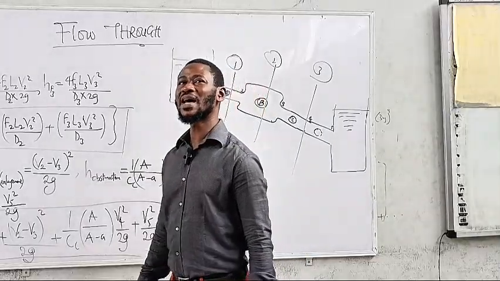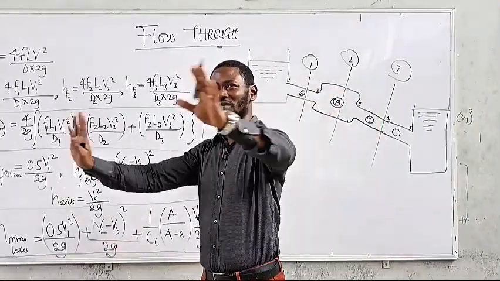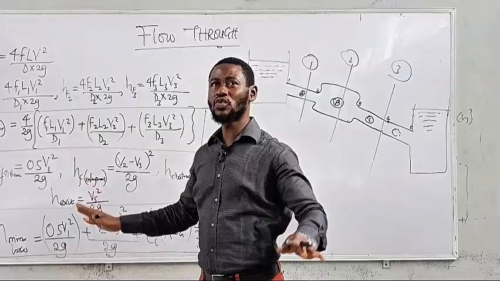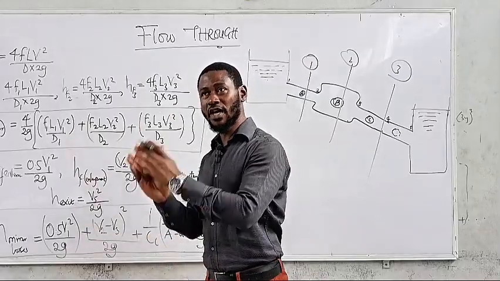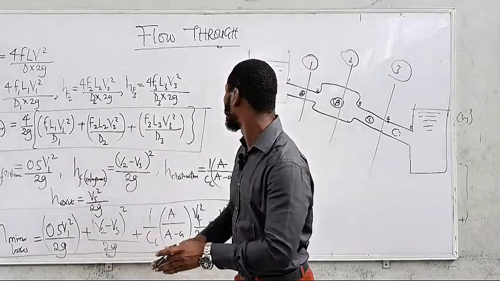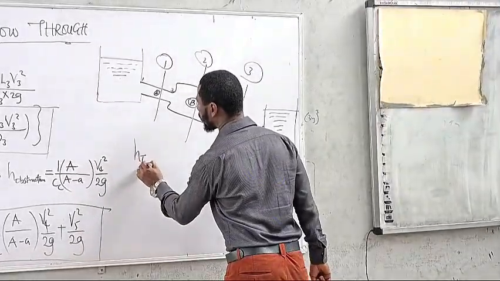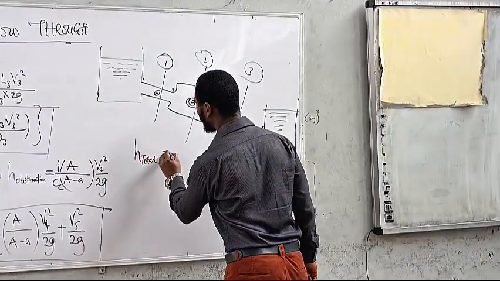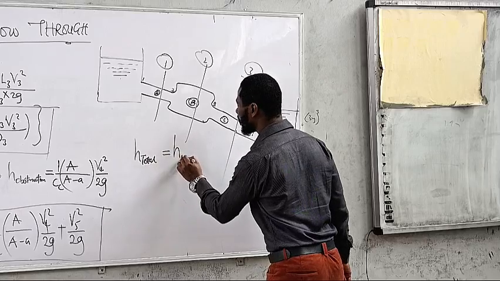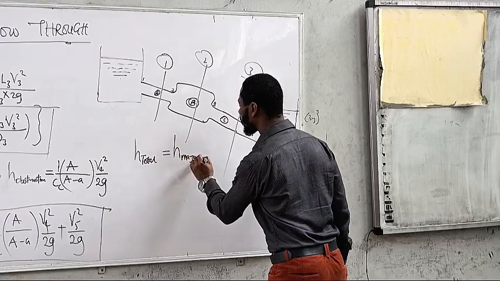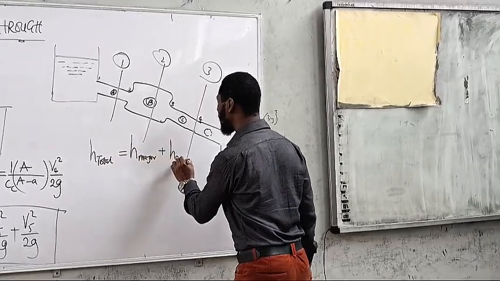So if you are asked to determine the total head losses, the total head losses will be a combination of the major and the minor. Now the total head losses becomes H major plus H minor.